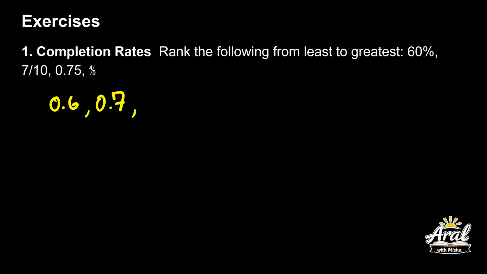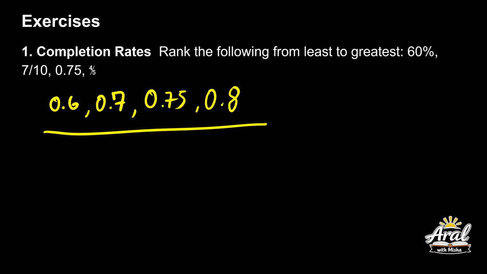Okay? Then 0.75. Then 4 over 5, that's actually 0.8. Is it in order, least to greatest? Actually, in order na lahat. Kung ano yung tanong, yan na rin yung sagot. So, it's actually in order.